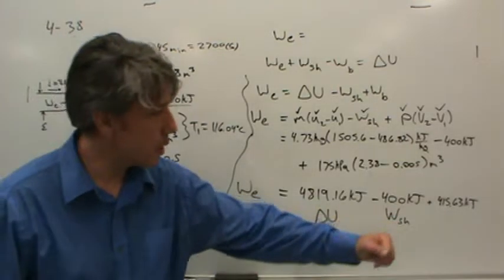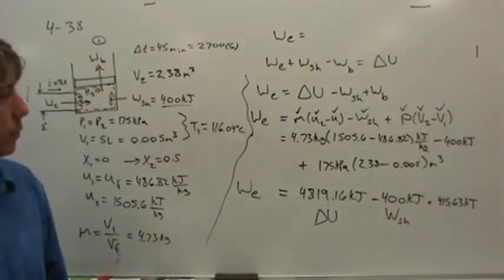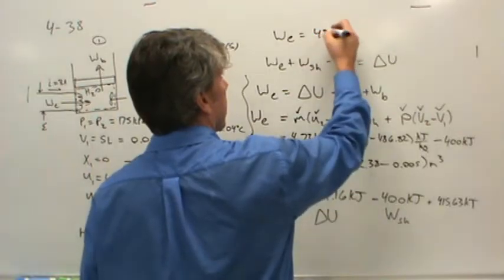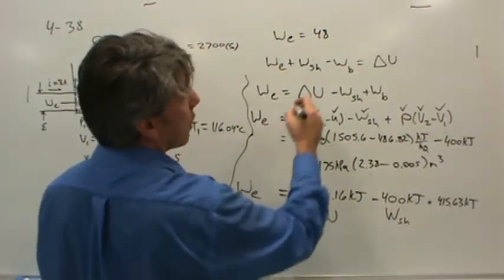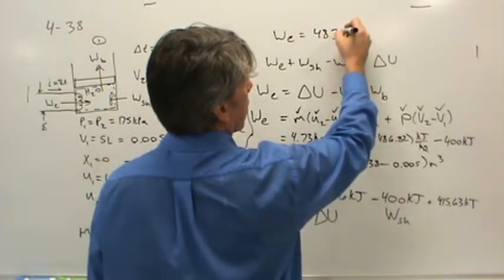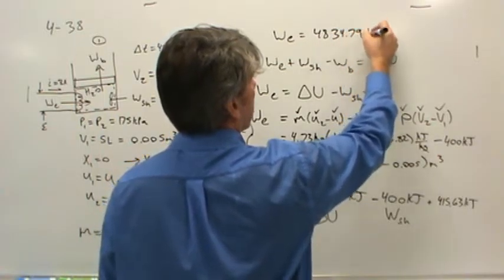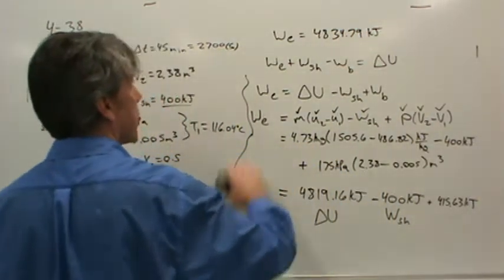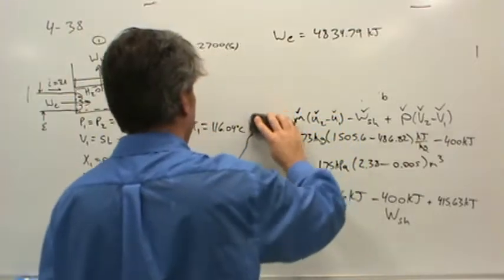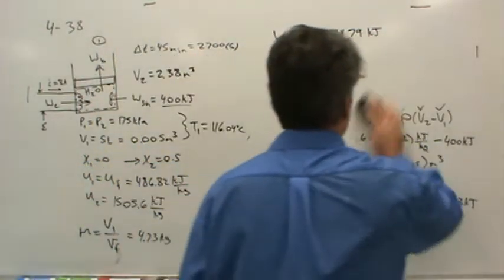So just sum those together. What do we get? 4834.79. Thank you. So there's the deposit we need from the electrical work.